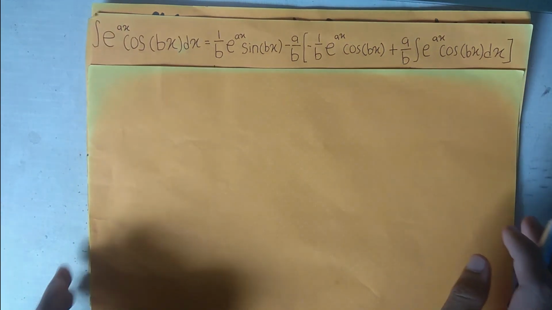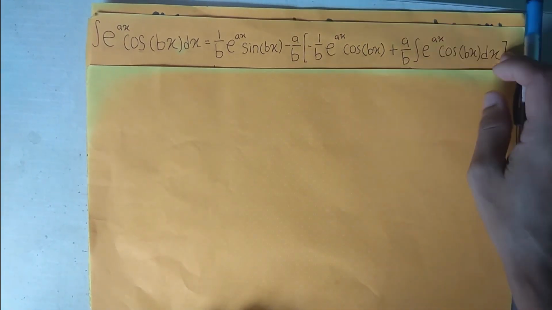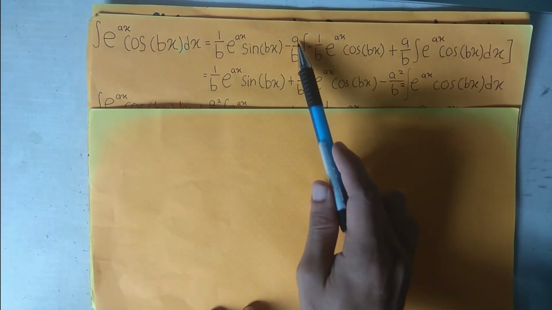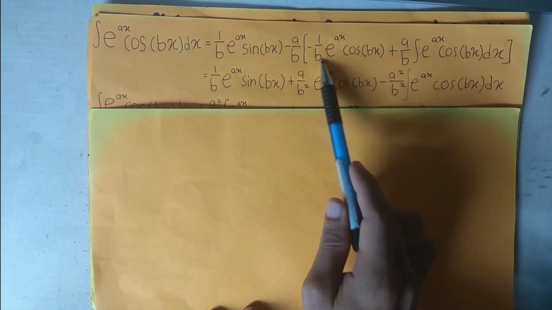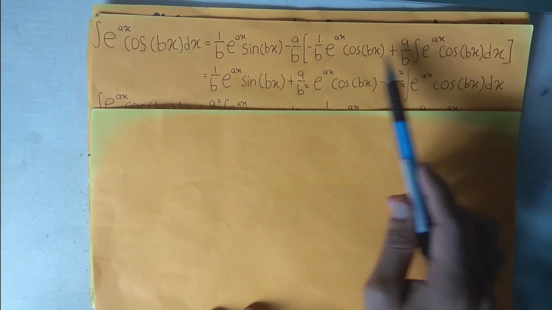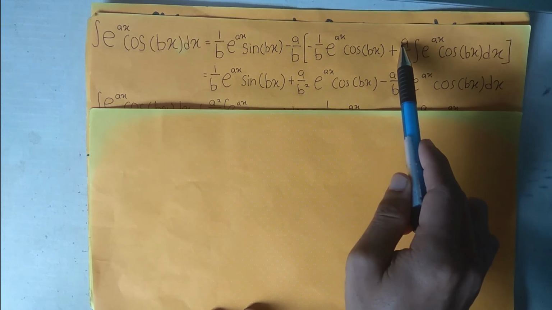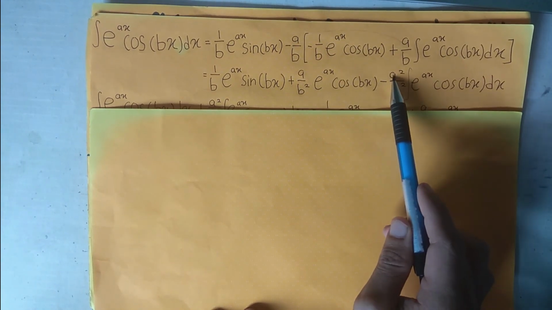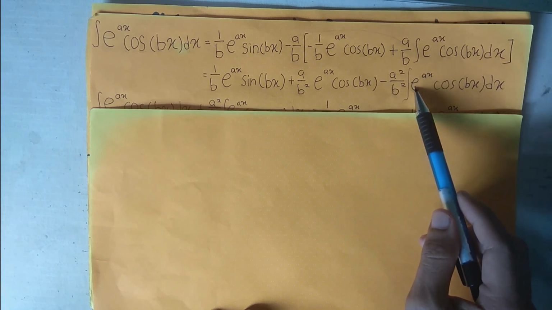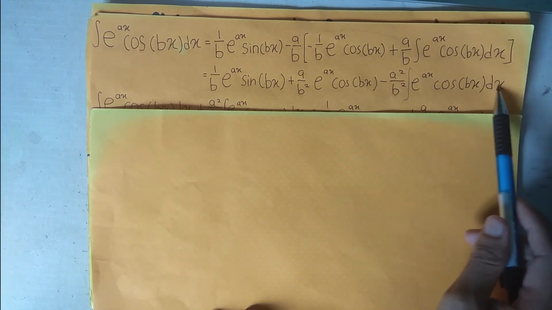From this equation, we have to simplify it, and we open the bracket first: negative a over b times negative 1 over b exponential power of ax cos bx, we get positive, and we also open the bracket for the second, and get negative a square over b square integral of exponential power of ax cos bx dx.